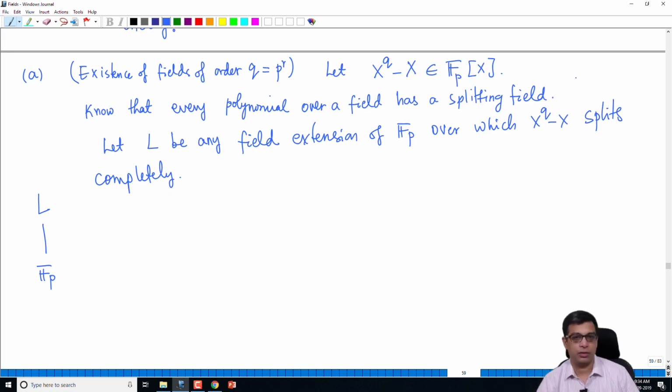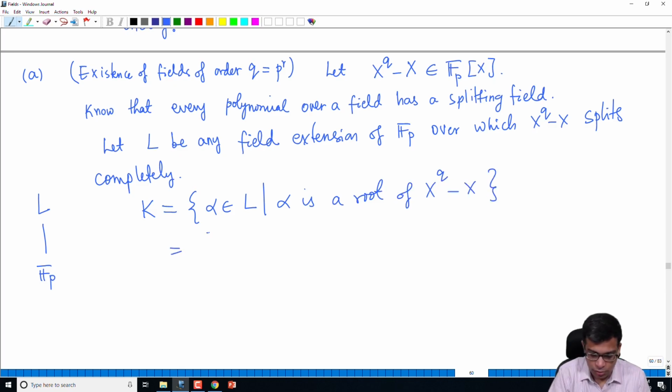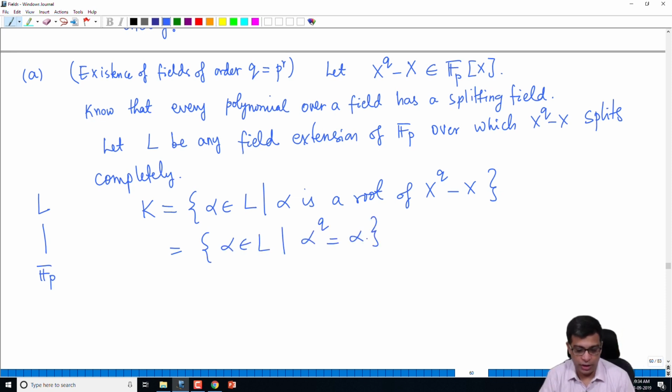We know that the desired field K of order q is supposed to be this collection of roots. So we are going to just take K to be the set of alpha in L such that alpha is a root of x power q minus x. I am just rewriting that: we know that K, if it exists, is supposed to be like this. So I will define K like this and hope for the best.